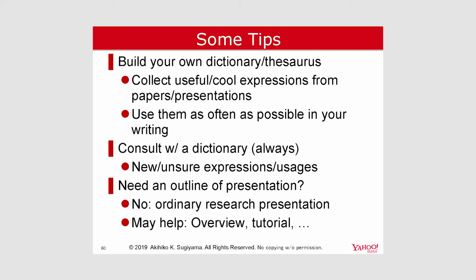Consult the dictionary when you see or use a new expression or an unsure expression or usage. Make sure that it is correct. To do that, you need to go to the internet or a printed dictionary. In that way, you can build up very good knowledge.